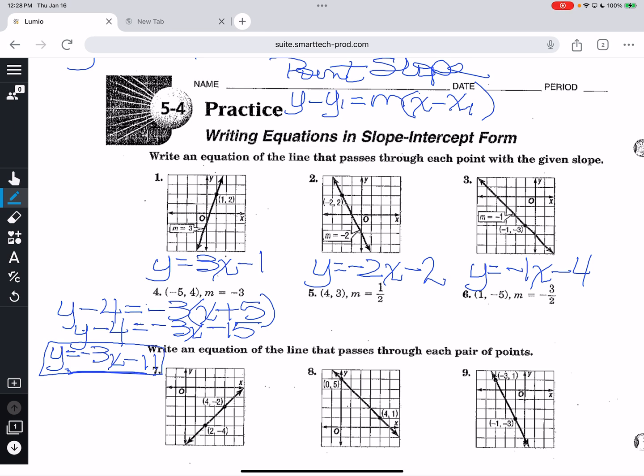Oh, wait, my fault. So y minus 3 equals, because it's a positive number, 1/2, and then in parentheses, x minus 4.